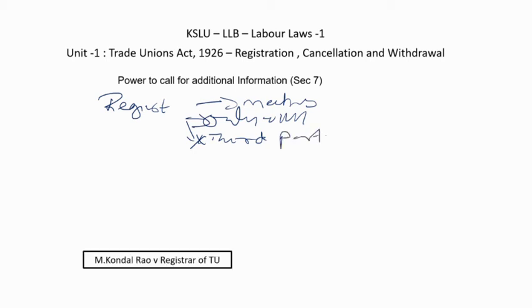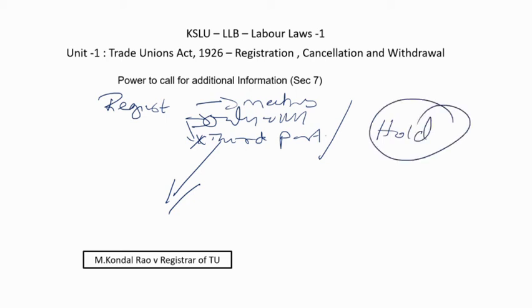This was held in the case of M. Kundala Rao versus Registrar of Trade Union. And once the registrar is happy with the information he has, then he can proceed with issuing a registration certificate. Till he gets the information from the trade union members, he can put the application on hold.